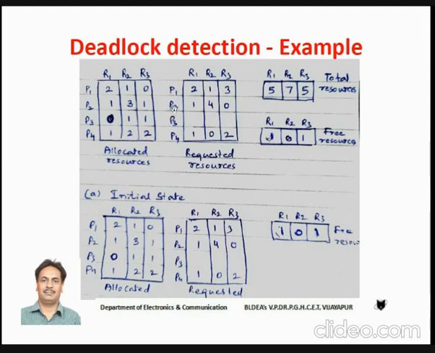For P2, we require one resource of R1 type, four resources of R2 type, and zero R3 type resources. But if you look at P3, this indicates that P3 does not require any resources for completing its execution.